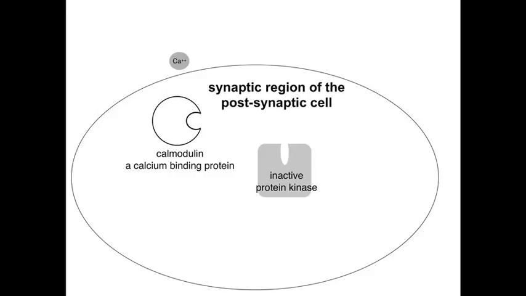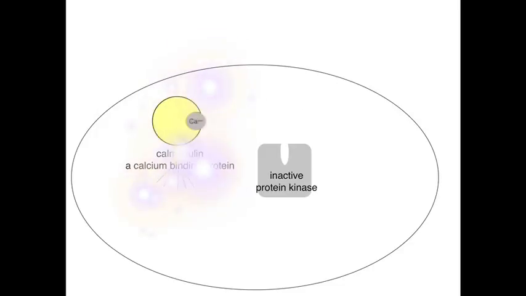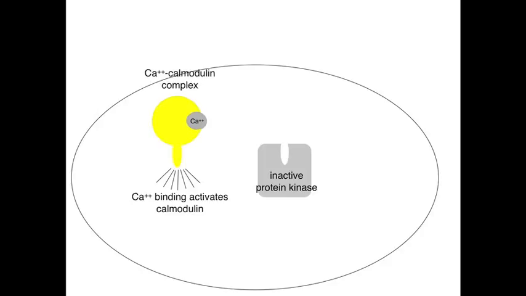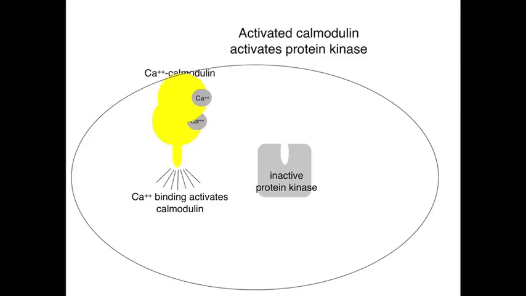The calcium-binding protein is called calmodulin. When calcium enters the cell through NMDA receptors, it binds to and activates the calmodulin. The activated calcium calmodulin complex, in turn, then activates the protein kinase.